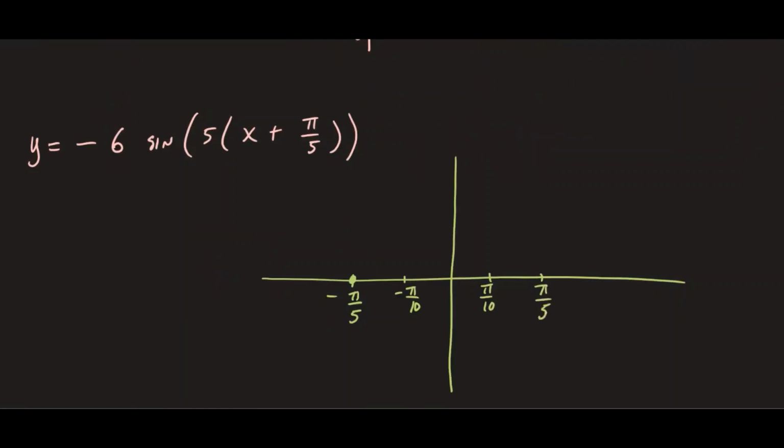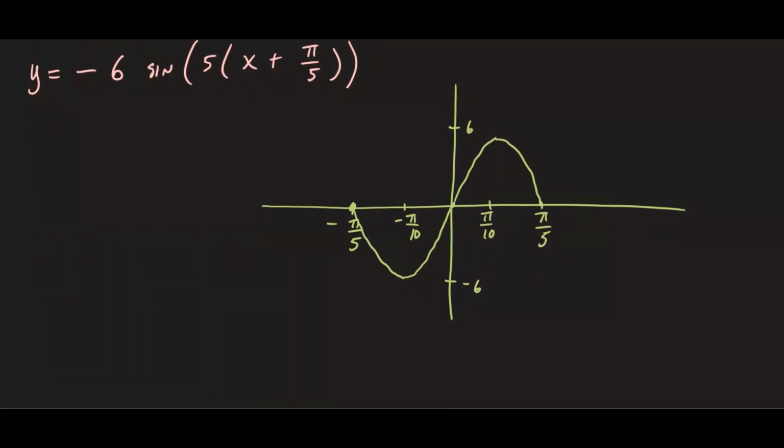And then we just make the same shape. So we go down to negative 6, up to positive 6. So we're here, and then at 0, and then at 6, and then back to 0. So something like that would be the graph of this function. And then it continues in both directions.